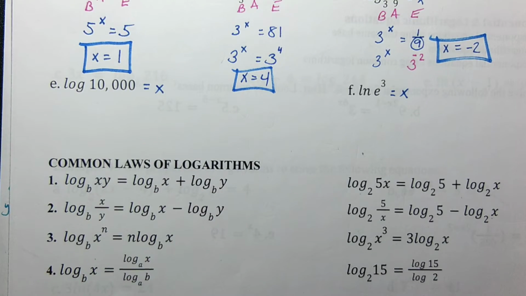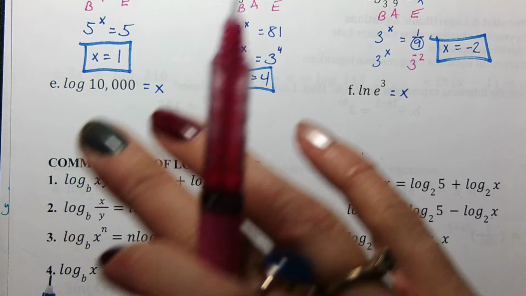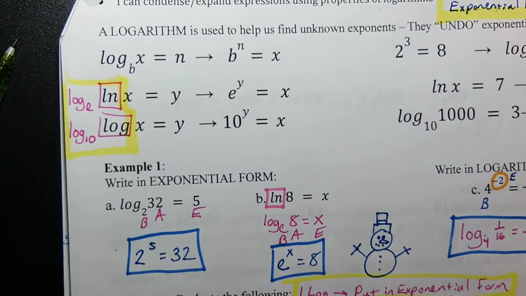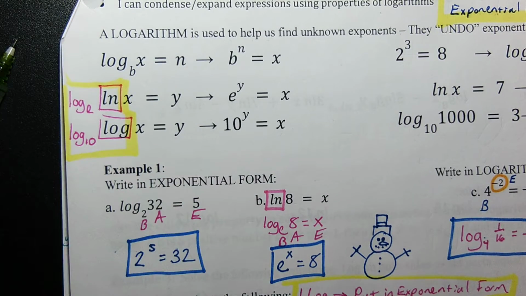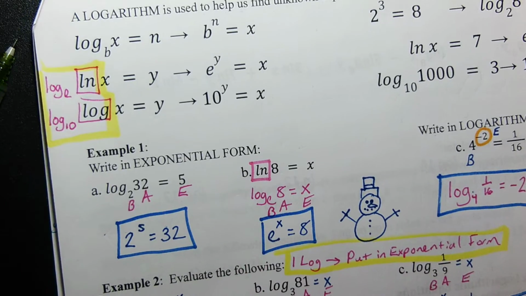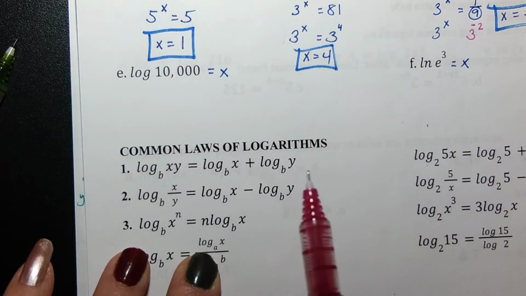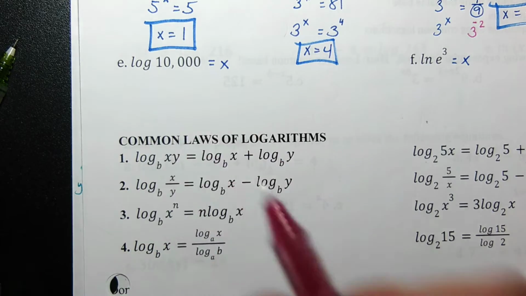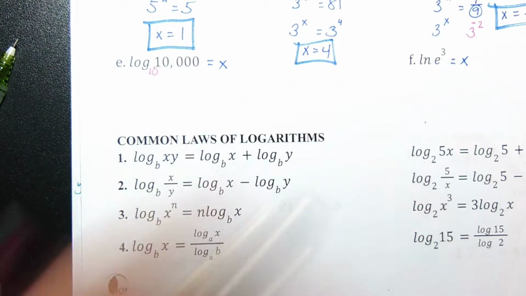Let's go ahead and look at the next one. We see the word log and we think of the elephant with his big, what's our base on this one? When there's no base explicitly written, our log is the common log or base 10. So just like a square root has an implied index of 2, common log has no base written, but I'm going to go ahead and throw in that base of 10.